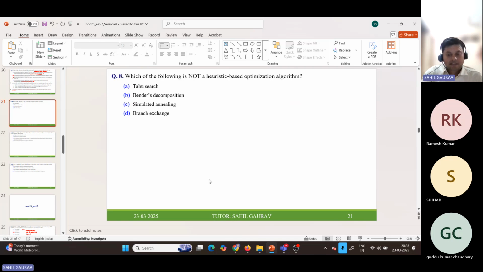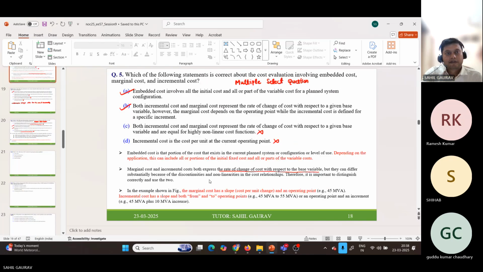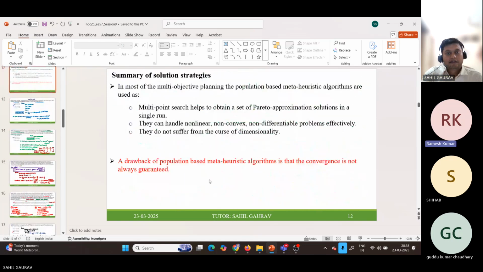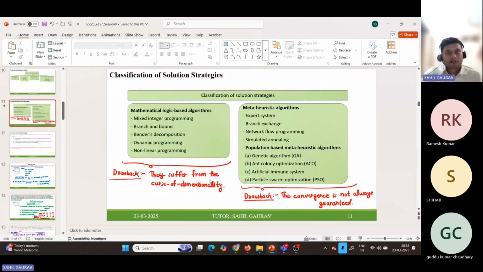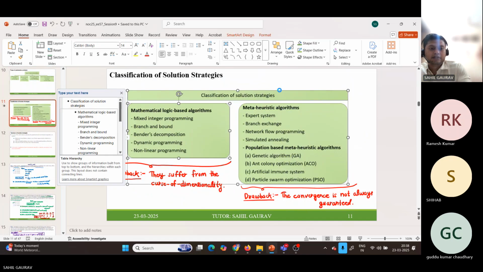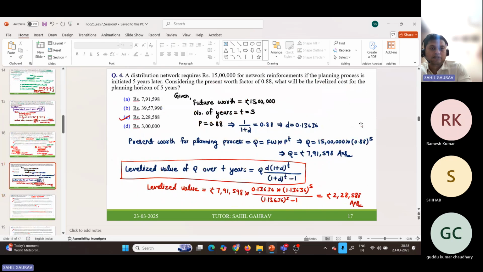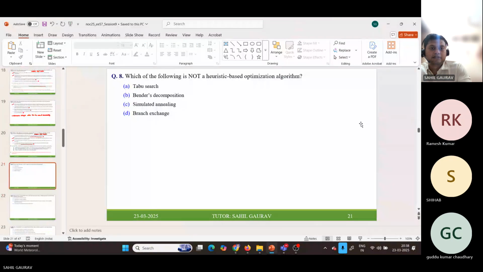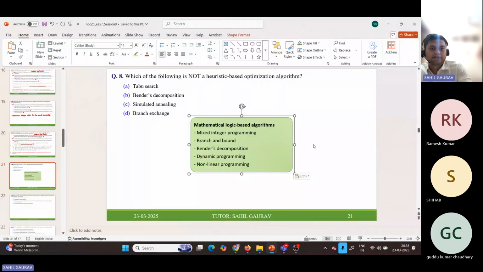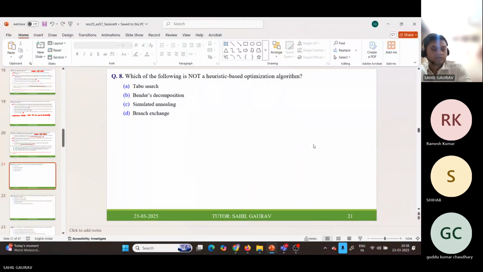I think in the initial slide only, I have provided you this classification of solution strategy. So you can go through this, then you will be able to answer. B. Yes, very good.